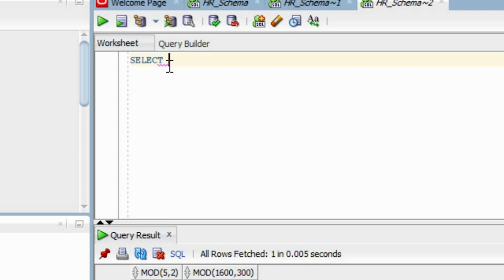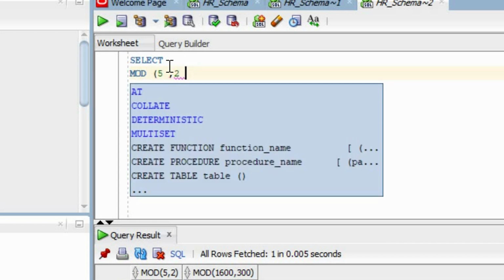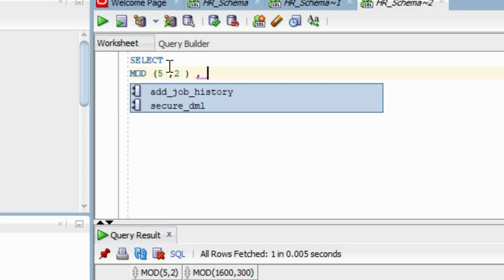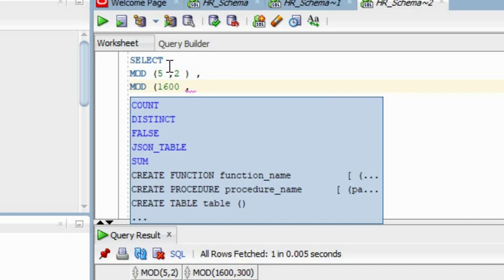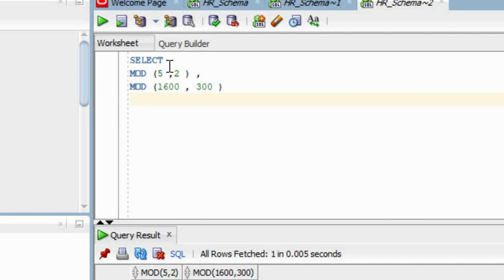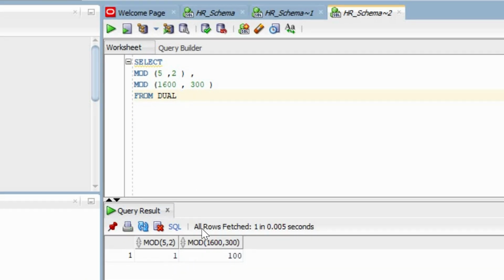Select, go to the next line, MOD 5, 2, close the brackets, go to the next line, MOD 1600, and the next number will be 300. From DUAL, run the command, and here are the results. Where is this result coming from?